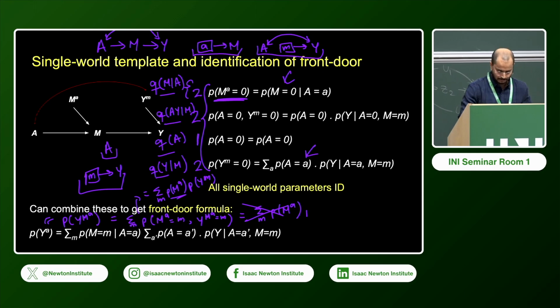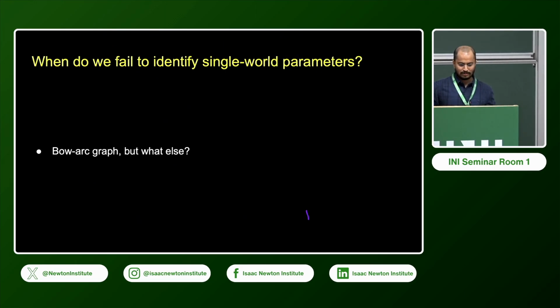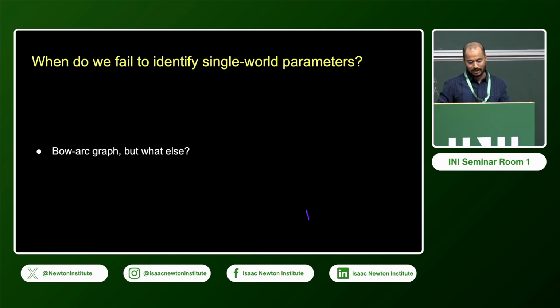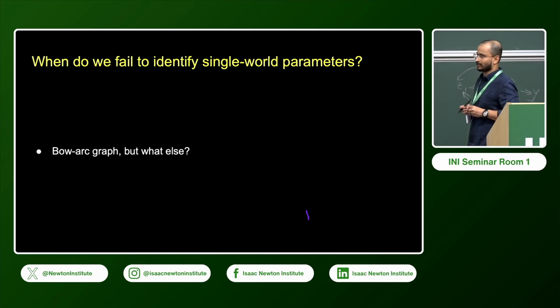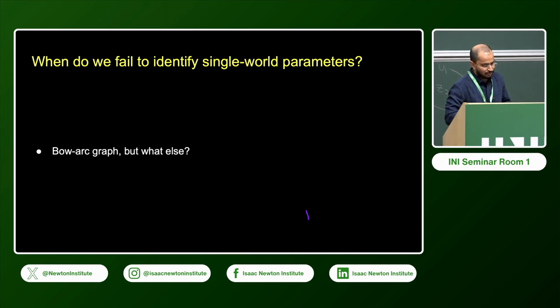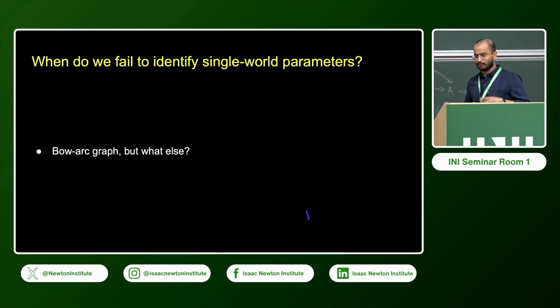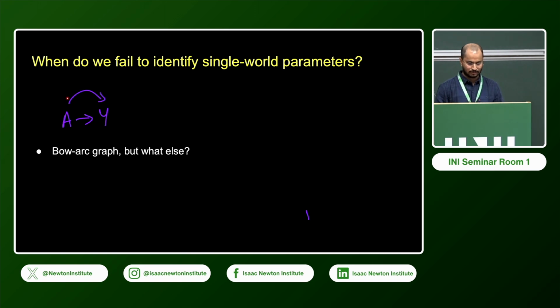All right, cool. So now this leads to the question of, there's maybe a bag of tricks that you could use, something like front door. And the interesting question is, when do we fail to identify single world parameters? So we know that the bow arc graph leads to non-identification. If I have A to Y and A bidirected Y, we know that leads to non-ID.